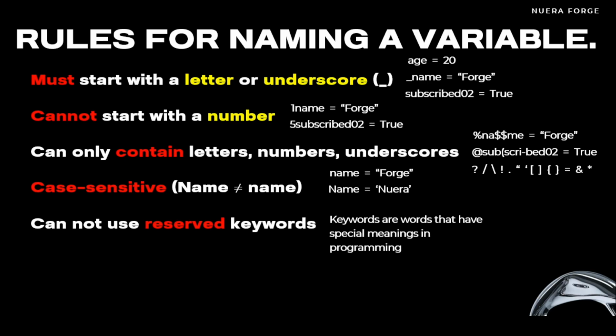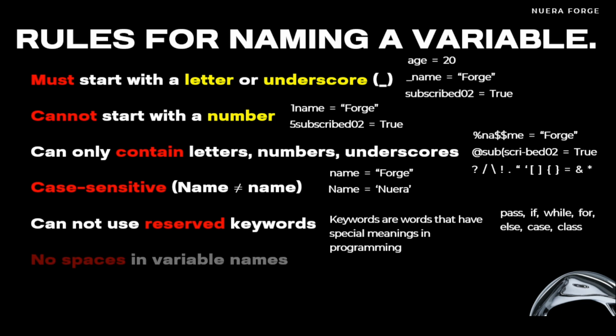So when you use them as your variables, you'll get an error. For example, as, if, while, else. There are very many, around 32, but don't worry, we shall cover all of them and you will learn and master how to use each and every case.